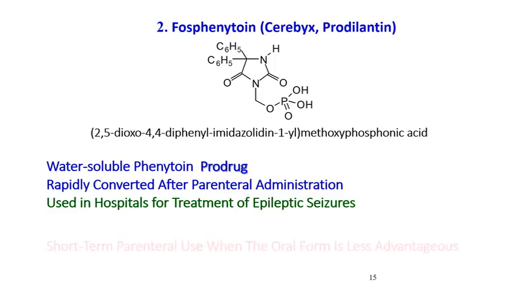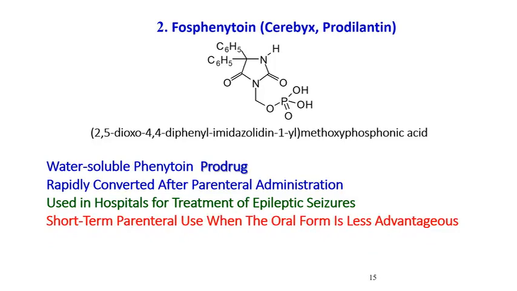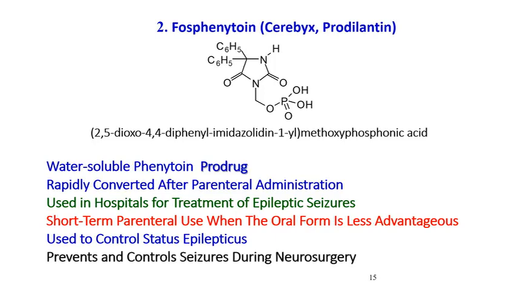It is very helpful in treatment of status epilepticus, and sometimes it is even used to control seizures during anesthesia and brain surgeries. What I want to tell you is that it's a type of prodrug formation aiming at solubilizing the derivative, and not to extend its duration of action or to render it more lipophilic so as to be more penetrable.